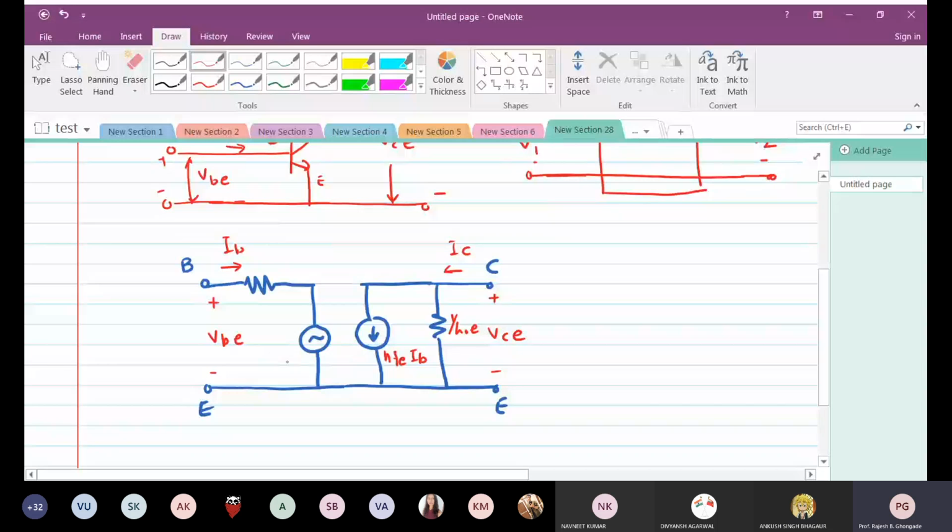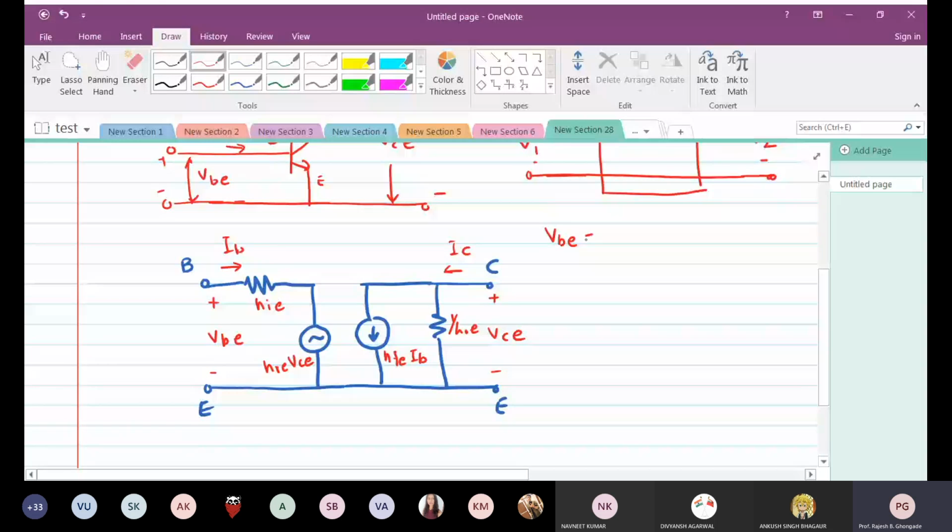This is HRE into VCE. This is called HIE. So we are representing the bipolar junction transistor in terms of the H parameters. We have already seen the H parameters from the perspective of a two-port network. So just translating it, what we get is VBE.